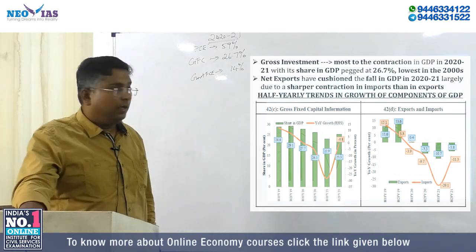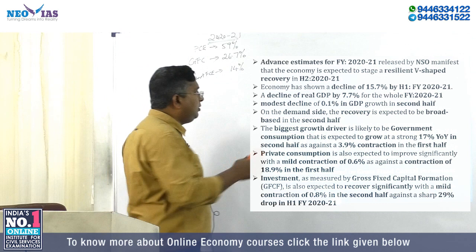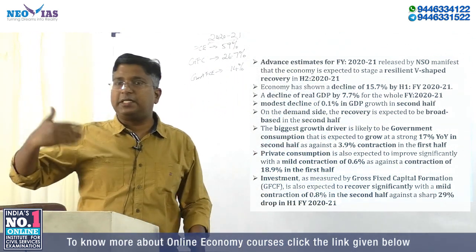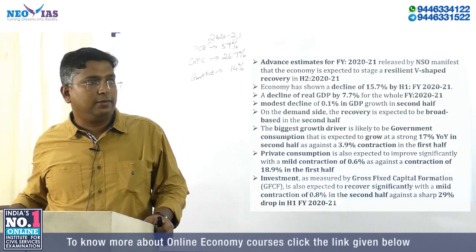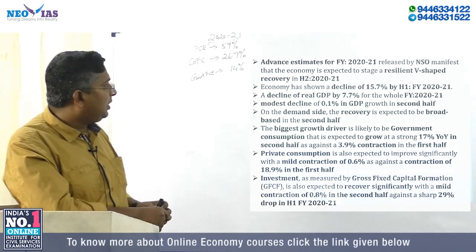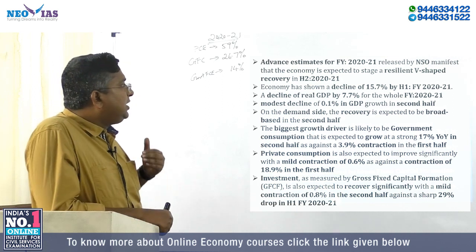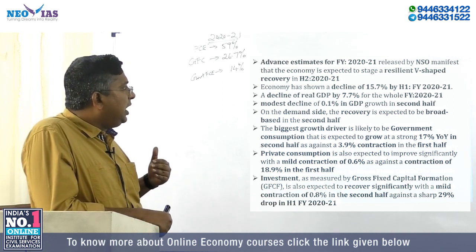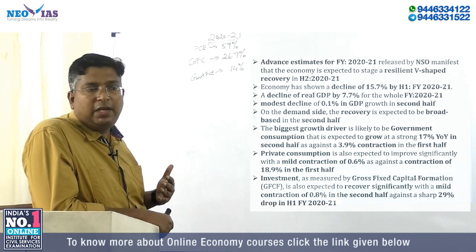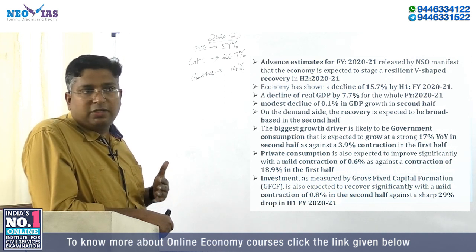Now, all these things we have discussed from the demand side. Expenditure is from the demand side. Now the survey is saying that the advance estimate, already I told you the advance estimate has released the 2021 data, and it's saying that the economy will have a negative growth rate of 7.7%.